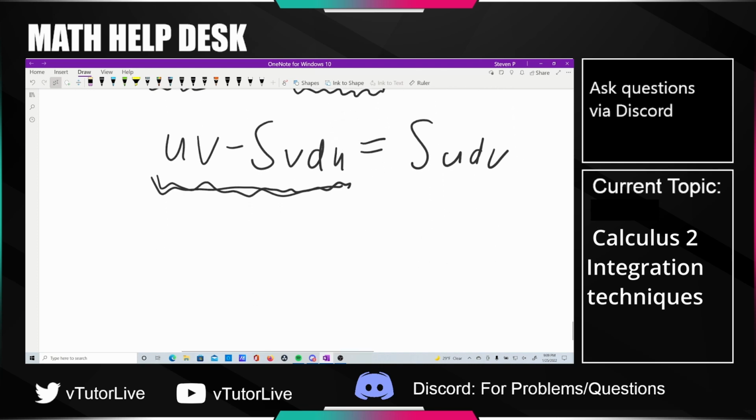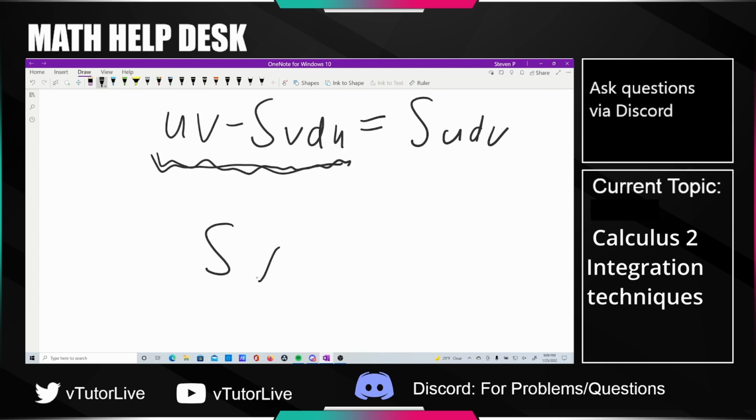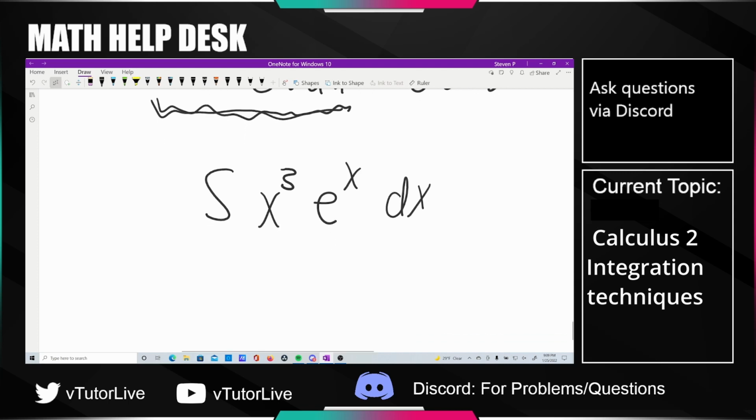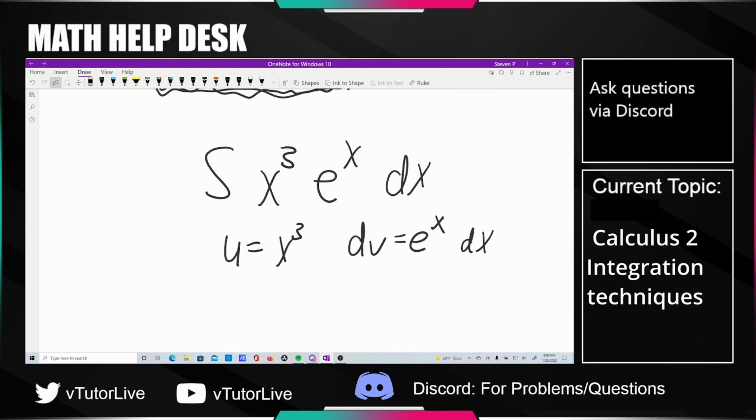For situations like, I don't know, the integral of x cubed e to the x dx, if you have a problem like this, the idea is that every time you use integration by parts, you want to select u to be x cubed and dv to be e to the x dx. Every time you do integration by parts, the u part goes down a level in complexity.